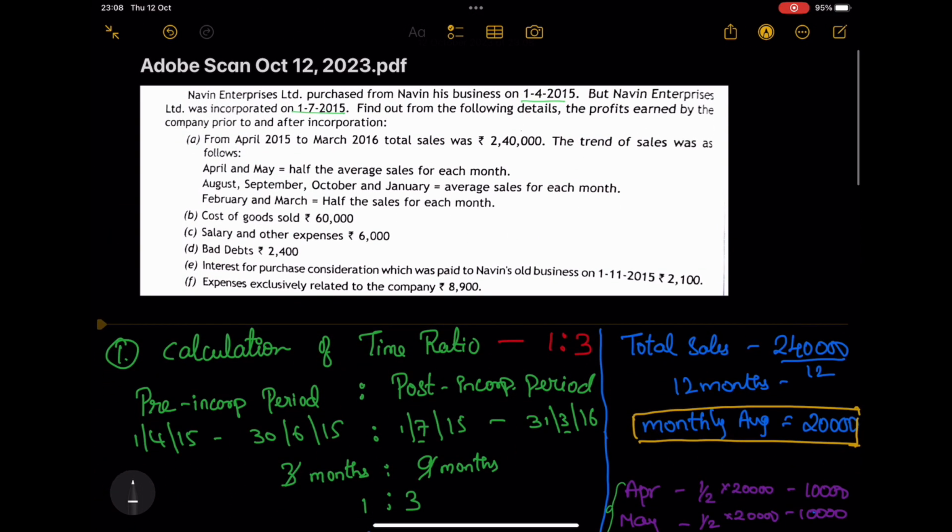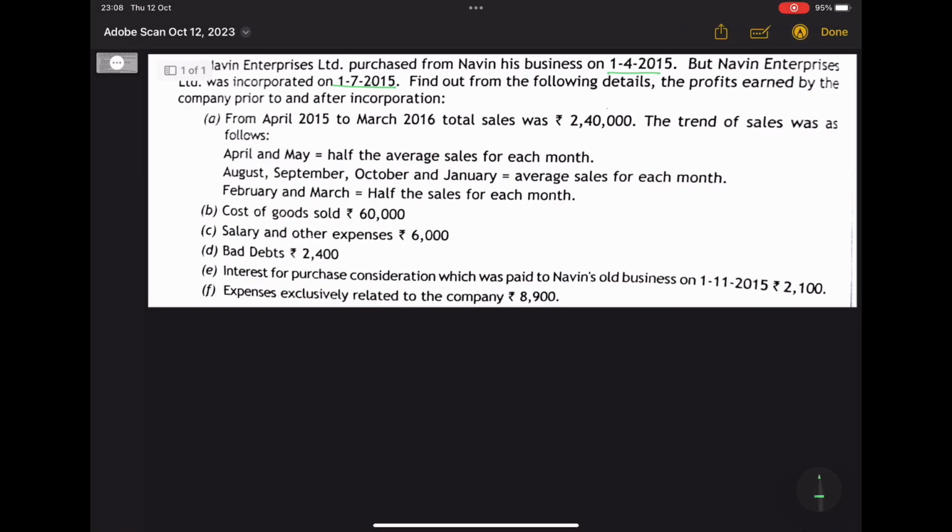The interest on purchase consideration was paid to Navin's business on 1/11/2015. I have paid the interest only from April up to November, not for December, January and so on.